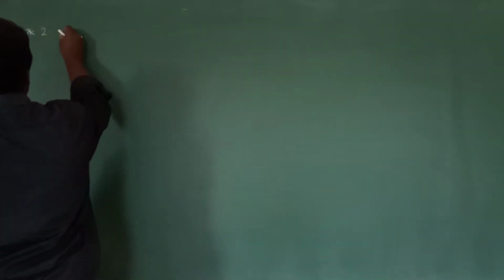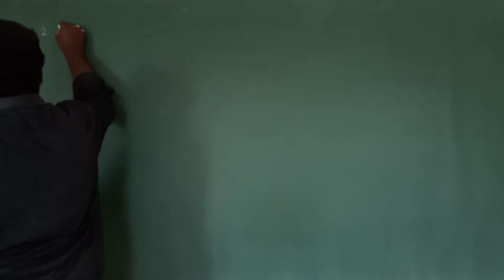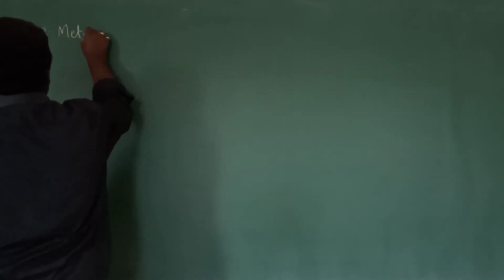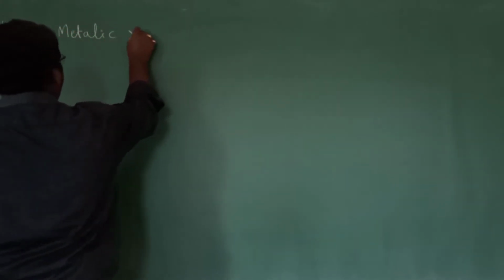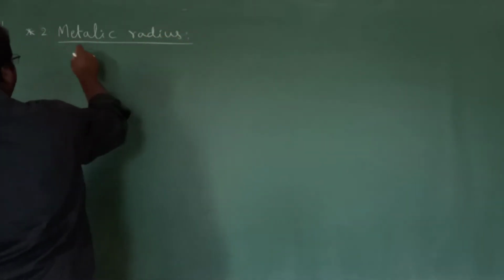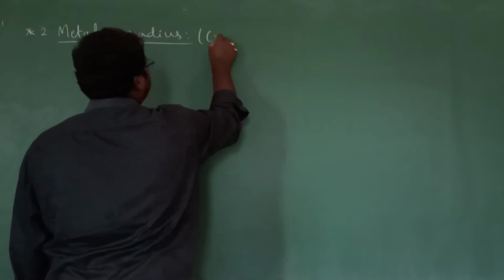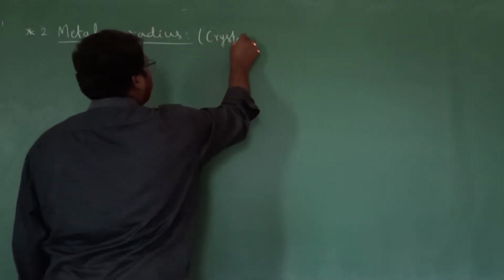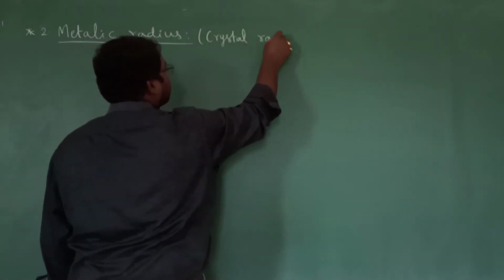Now coming to the second type. Metallic radius, or it is also known as crystal radius.